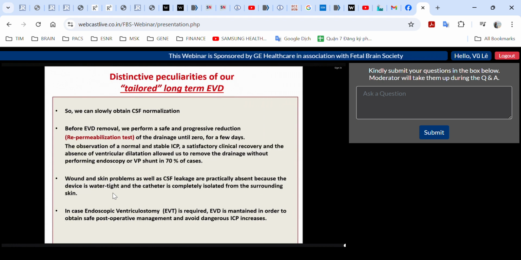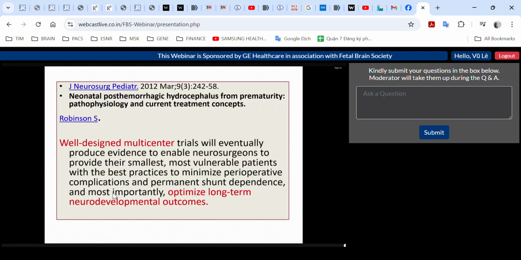Wound and skin problems as well as CSF leakage are practically absent because the device is watertight and the catheter is completely isolated from the surrounding skin. In case an endoscopic ventriculostomy is required, the EVD is maintained in order to obtain safe post-operative management and avoid dangerous ICP increase.